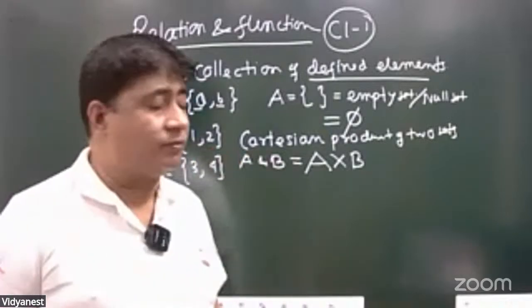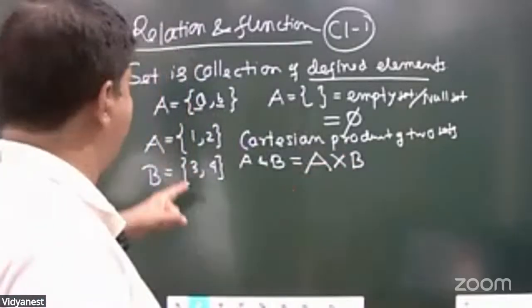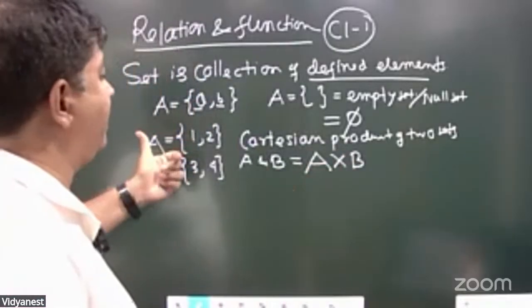No. This Cartesian product means how many ordered pairs can be formed.